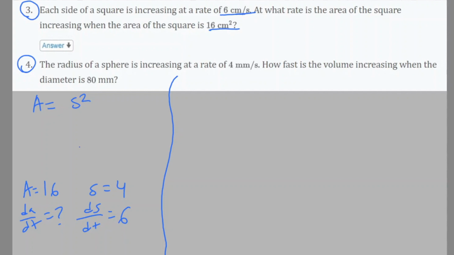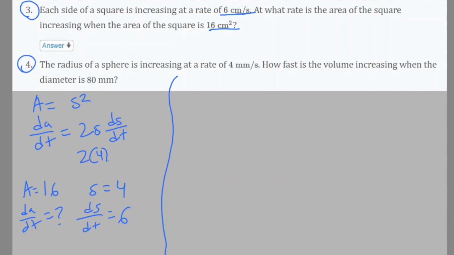And all we need to do now is just find the derivative. So we find the derivative, we're going to have dA/dt is equal to 2s ds/dt. We're trying to find dA/dt, so all we need to do is just plug it in here. So we plug in 4 for s and 6 for ds/dt.